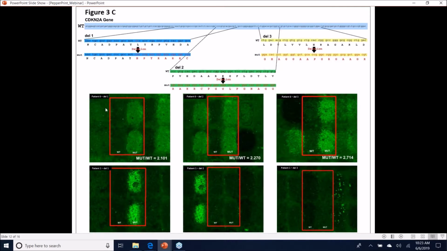And you can see that patient 1 showed immune response against deletion 1, deletion 2, and deletion 3. Whereas another patient just showed immune response against deletion 1, but not 2 and 3. So even in those kinds of cases, there's clear patient-to-patient variability, which we were able to document.